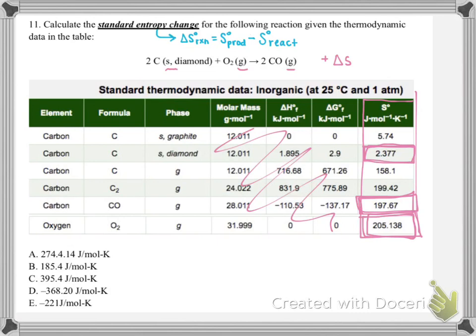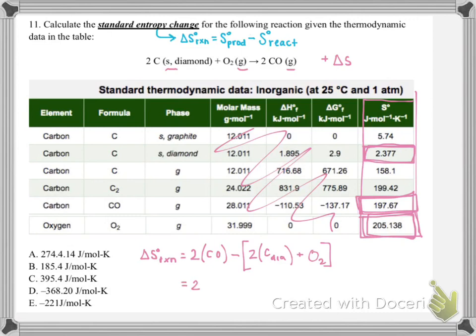Okay, so then we're just going to do our products minus reactants. So we can say that the delta S of our reaction is going to be equal to our 2 moles of carbon monoxide minus our 2 moles of diamond and our 1 mole of oxygen gas. Then we just plug in our values.